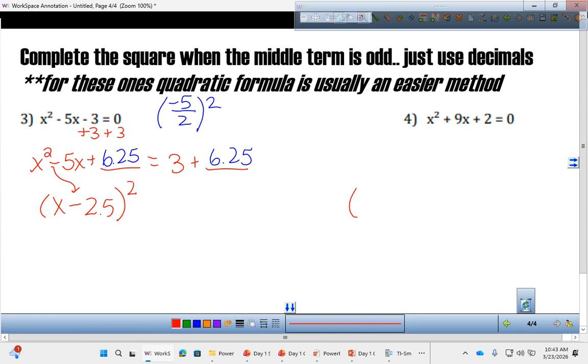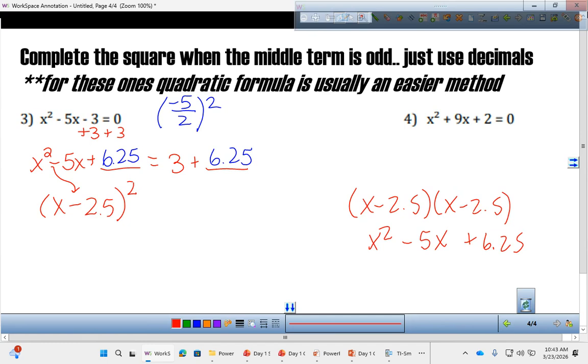X minus 2.5, X minus 2.5 would get me X times X is X squared minus 2.5X minus 2.5X minus 5X, and then -2.5 times -2.5 is your 6.25.